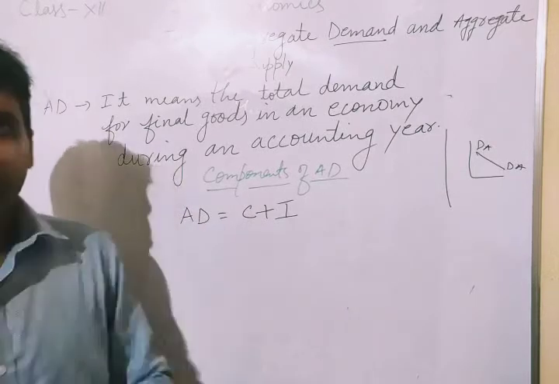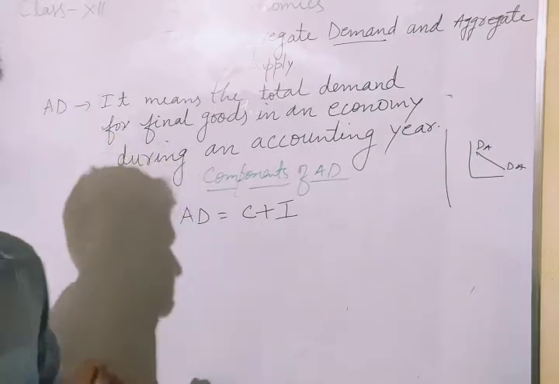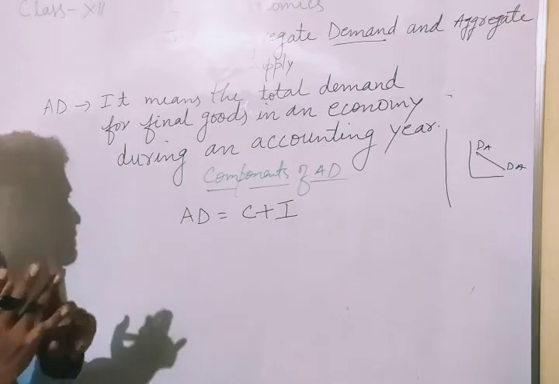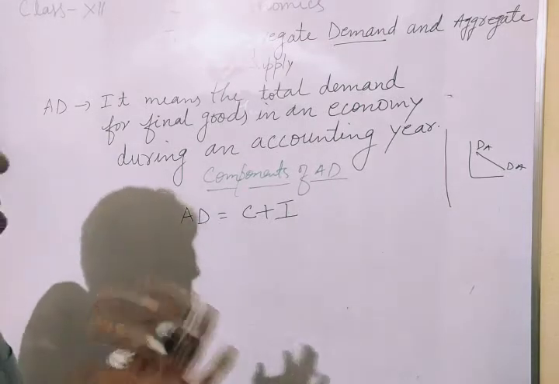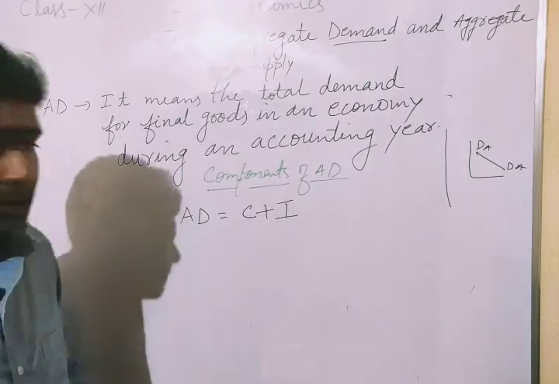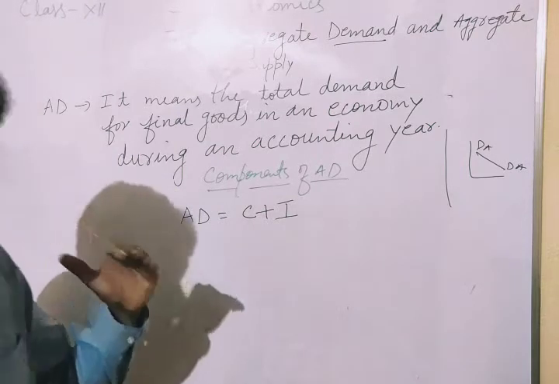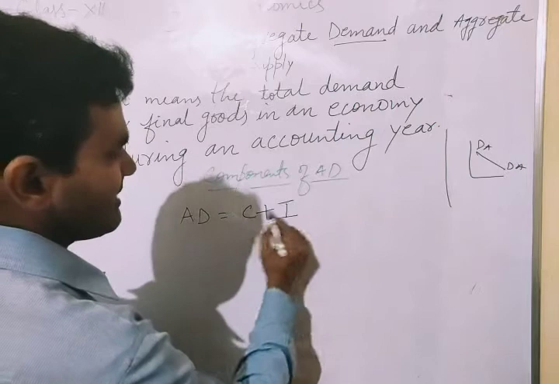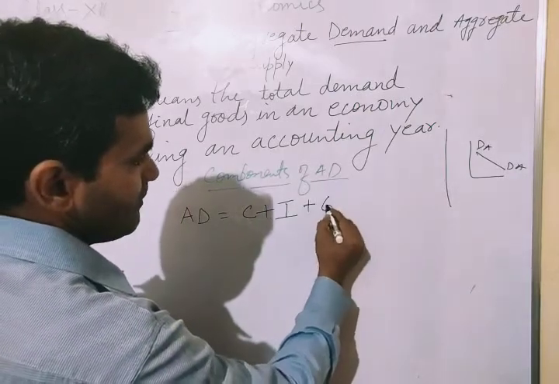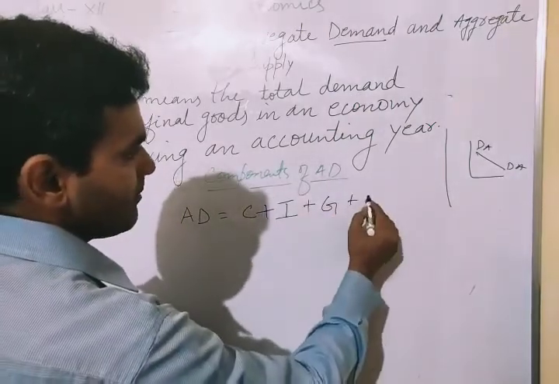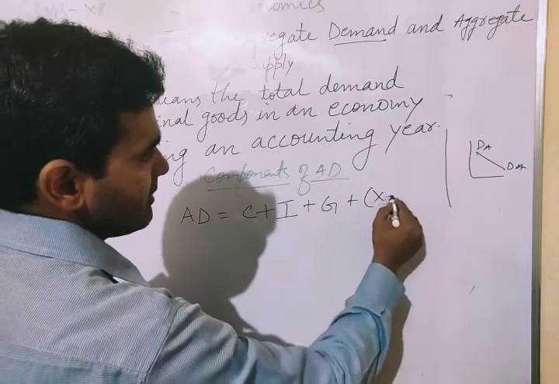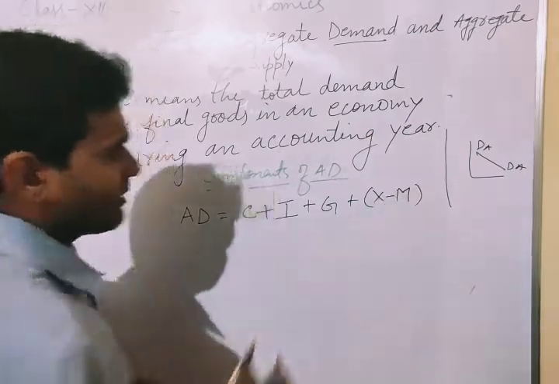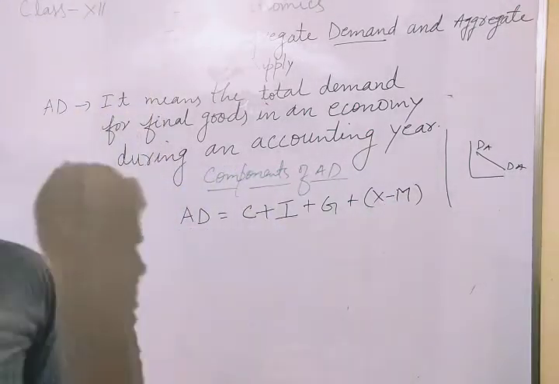In this model there are only two sectors: first, the firm sector, and second, the household sector. Although in an open economy the components of aggregate demand are C plus I plus G plus X minus M.